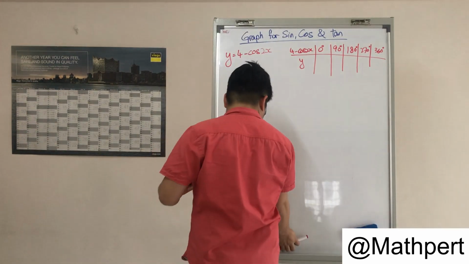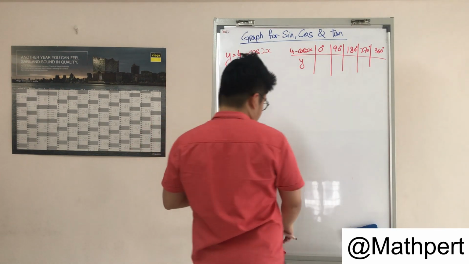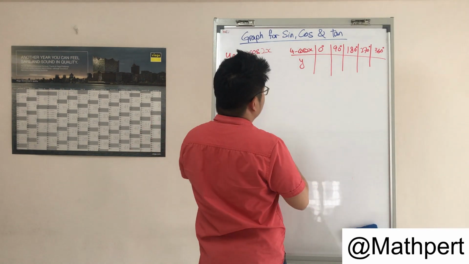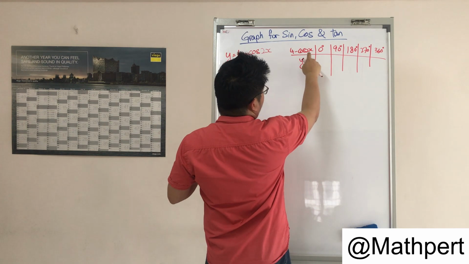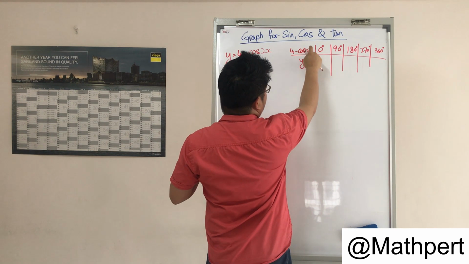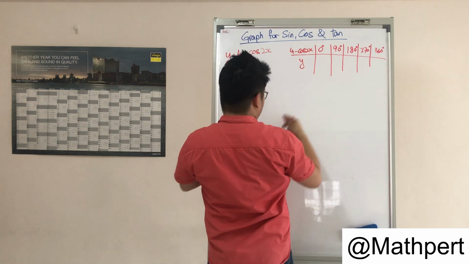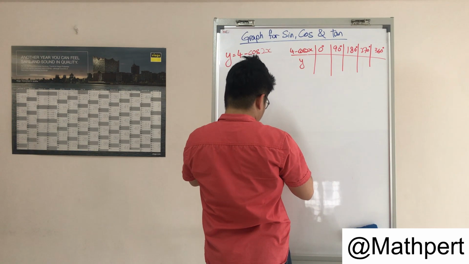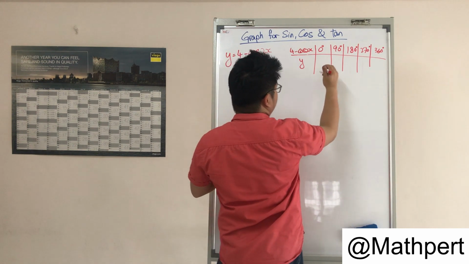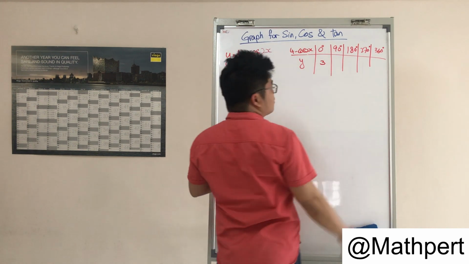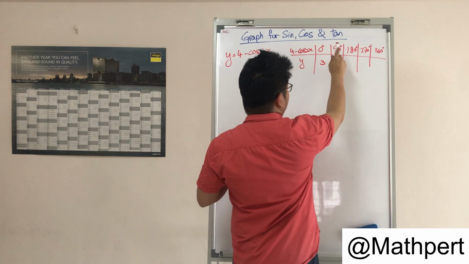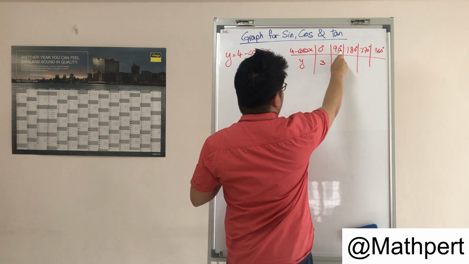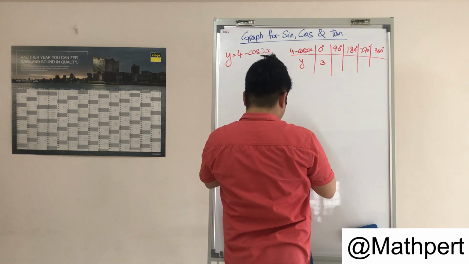So zero multiply 2, we get 0. So cos 0, we get 1. 4 minus 1 is 3. Alright? So 90 multiply 2, we get 180.